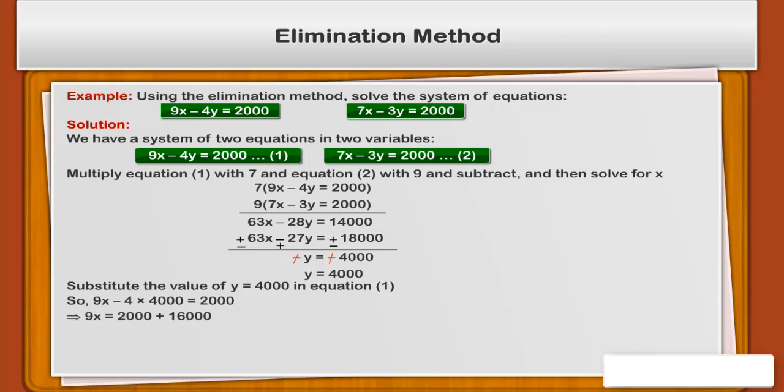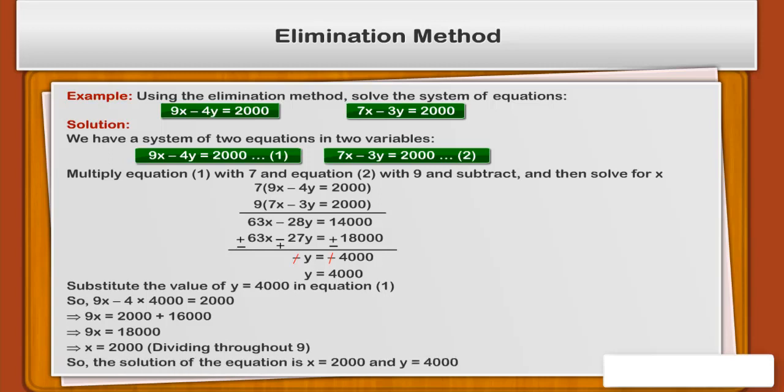This implies 9x is equal to 2000 plus 16,000, which implies 9x is equal to 18,000. Dividing throughout 9, we get x is equal to 2000. So the solution of the equation is x equal to 2000 and y equal to 4000.